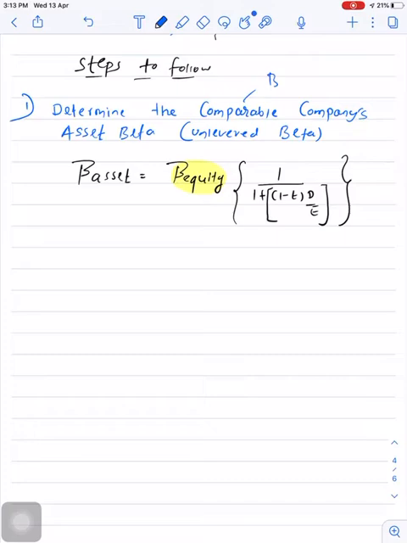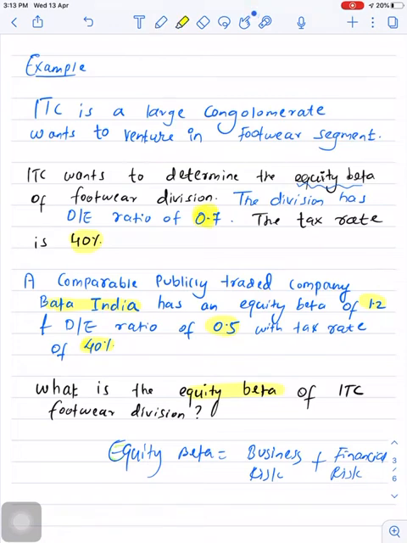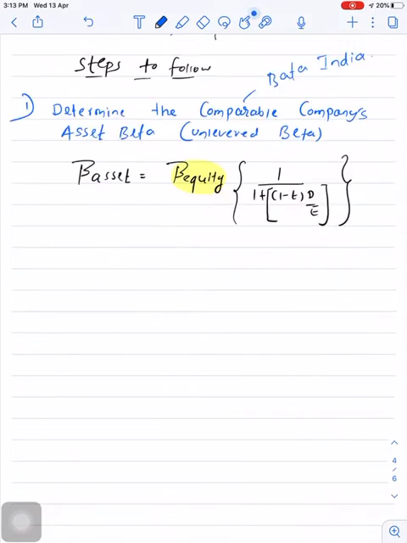So here I will use the data of Bata India, and the equity beta given to us is 1.2. This 1.2 is an equity beta, so it has business risk and it also has financial risk. By unlevering it, we are eliminating the financial risk and only considering business risk. We are doing this adjustment because the capital structure is different for both companies.